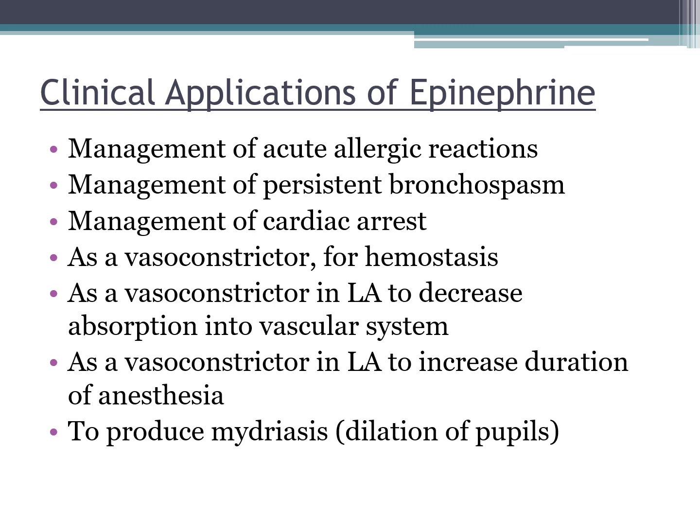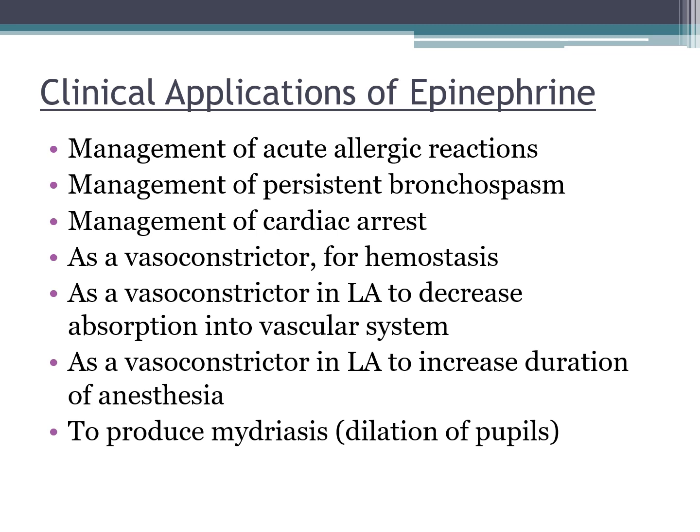The clinical applications of epinephrine. So there are a lot of contraindications to epinephrine, but there are a lot of clinical applications of epinephrine. It's excellent for managing acute allergic reactions. It is excellent for managing persistent bronchial spasm, people with asthma. It is excellent for management of cardiac arrest. As a vasoconstrictor, it is excellent for hemostasis.